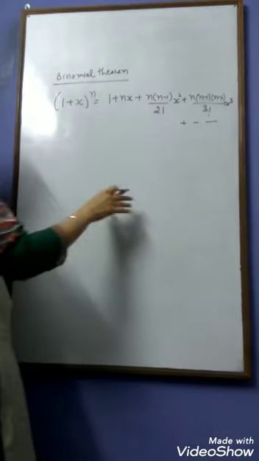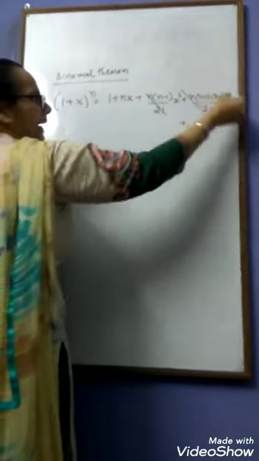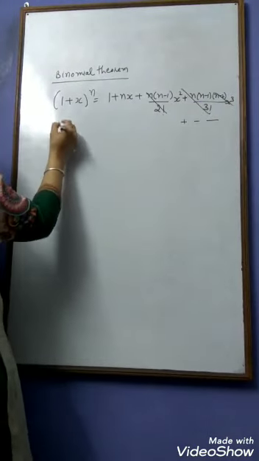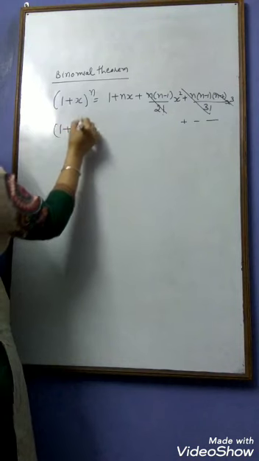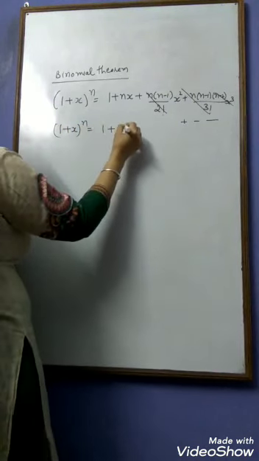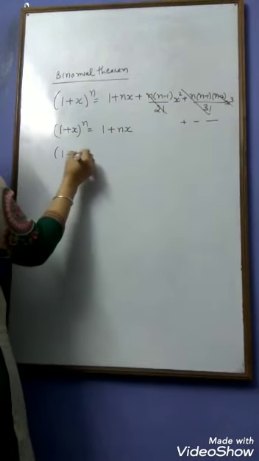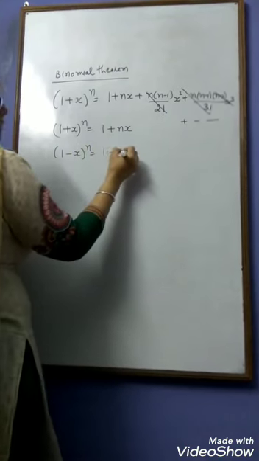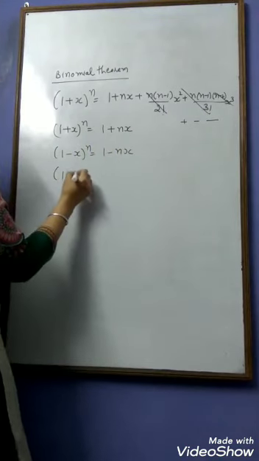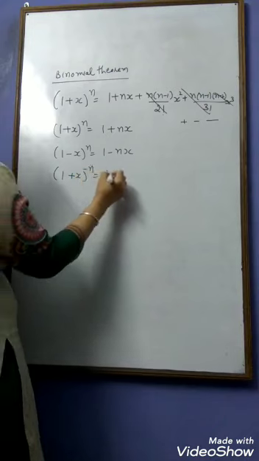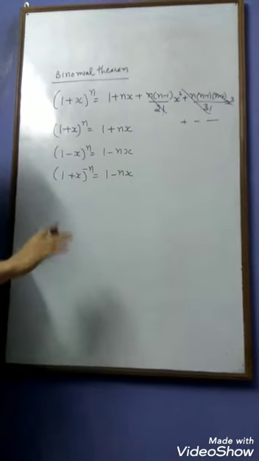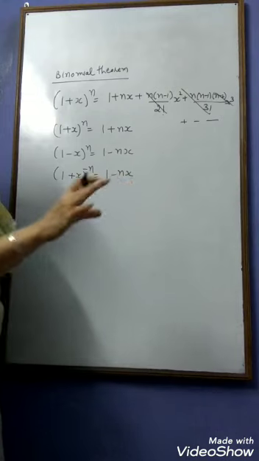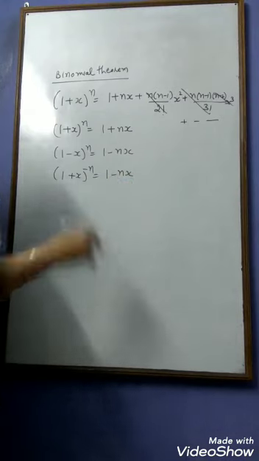But in physics we neglect the higher terms and we use only (1 plus x)^n is 1 plus nx, (1 minus x)^n is 1 minus nx, (1 plus x)^-n is 1 minus nx, and we neglect all the higher terms in the physics form.